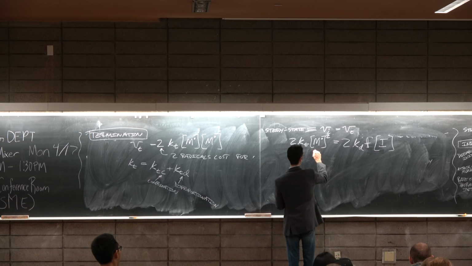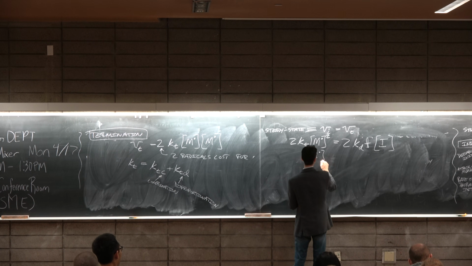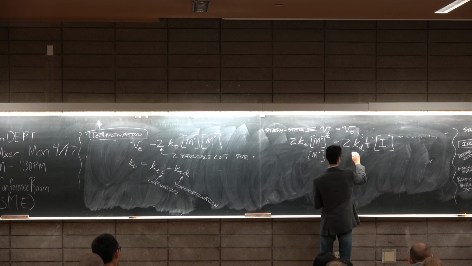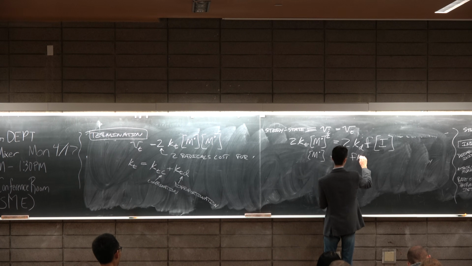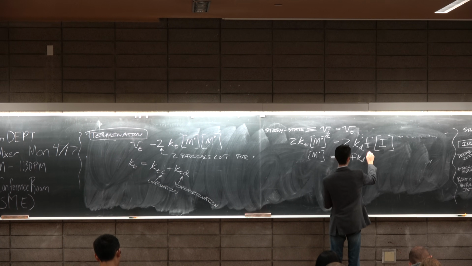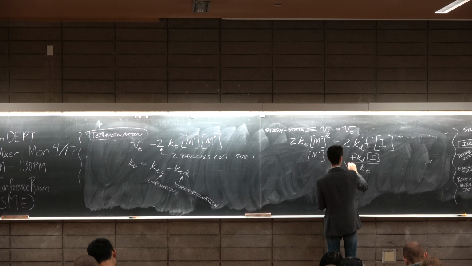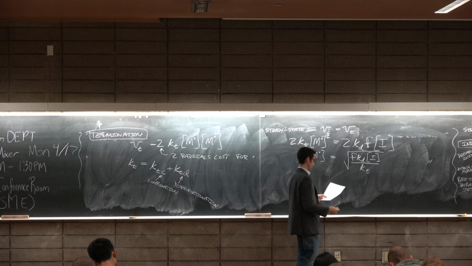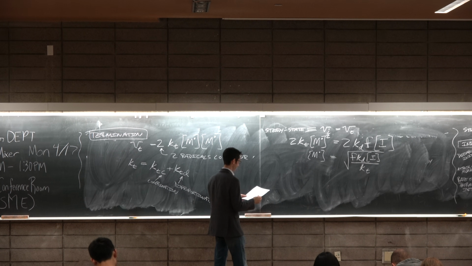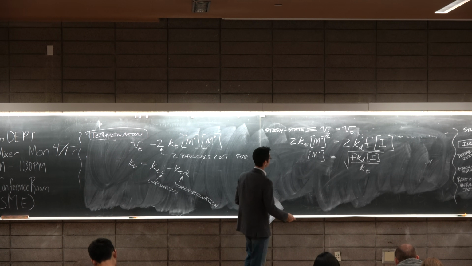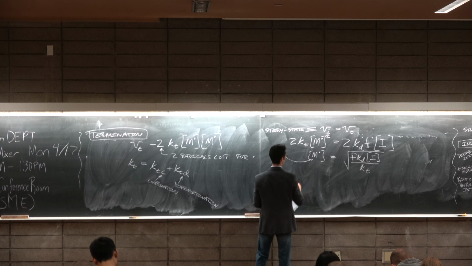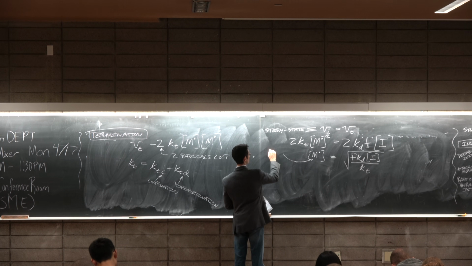So to simplify, we solve for m dot to give us the square root of f kd times the concentration of the initiator over the termination rate constant kT. But this is too low to measure experimentally, so it's not that useful.